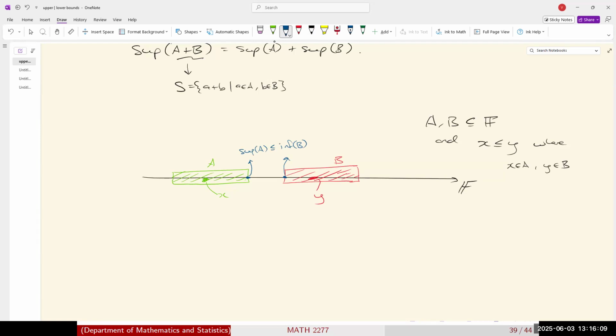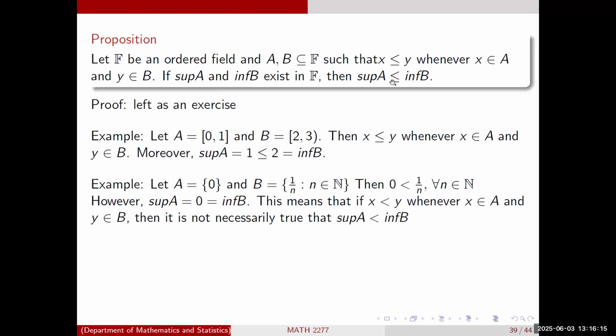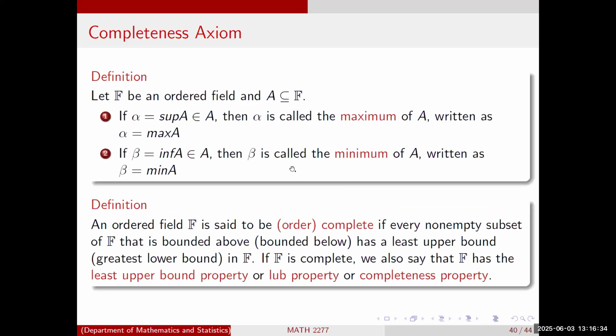The proof is left as an exercise. Try these proofs before looking at the solutions I put up, and see if you can figure it out. You have some examples on that, which I'll leave for you to go through.